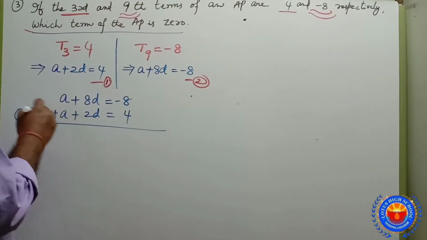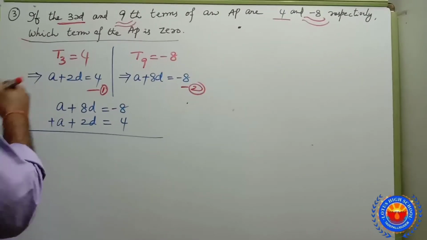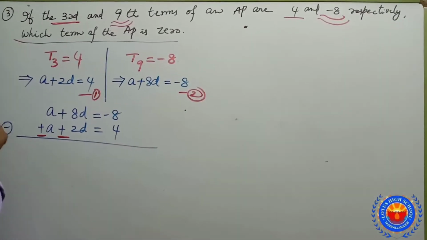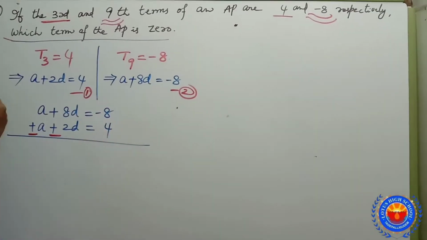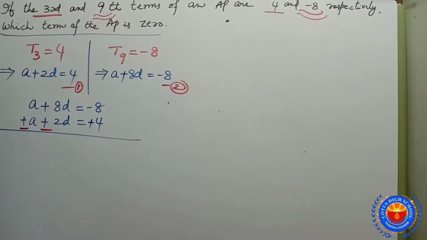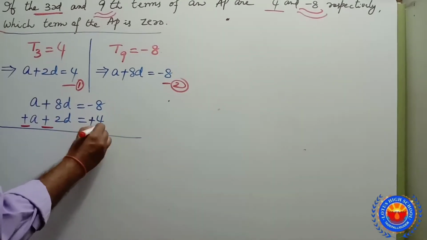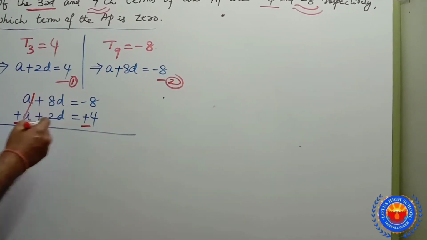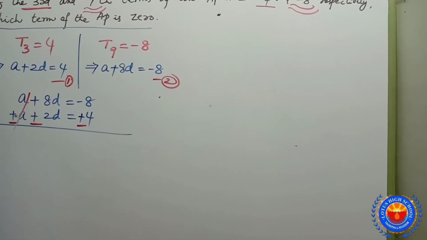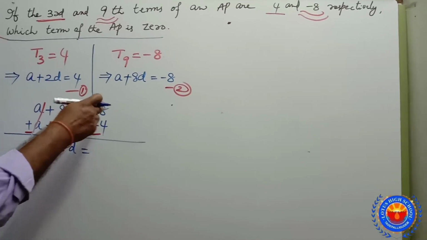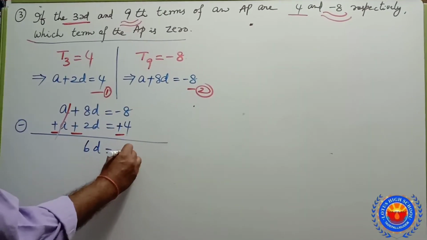Because of this subtraction, this plus becomes minus, and here the plus 4 also. So A minus A is equal to 0. 8 minus 2, 6D, 6 into D is equal to minus 8 minus 4, minus 12.